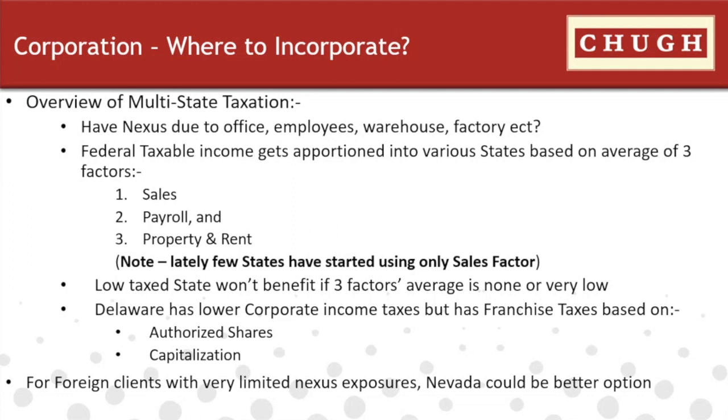Yeah, as I mentioned, many a time, if they are expecting losses in the initial years and they are paying higher taxes in the foreign country, then if they have a branch losing money here, they can use those losses in the foreign country and reduce their taxes there. So in that scenario, it may make sense, but we need to look at the cost benefit, whether the benefit of that loss offset outweighs the liability exposure.